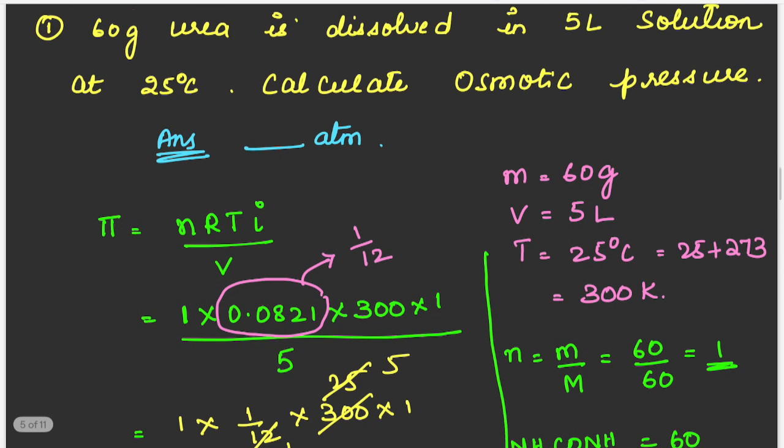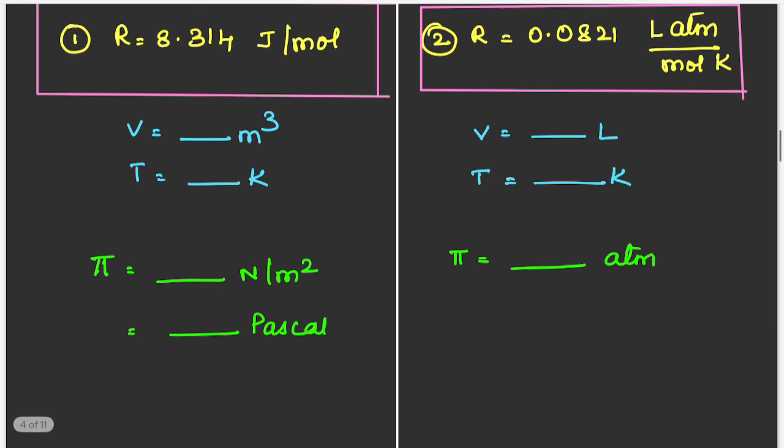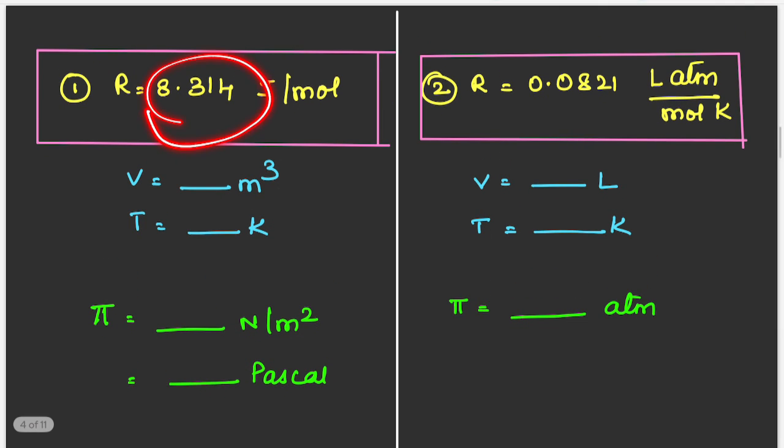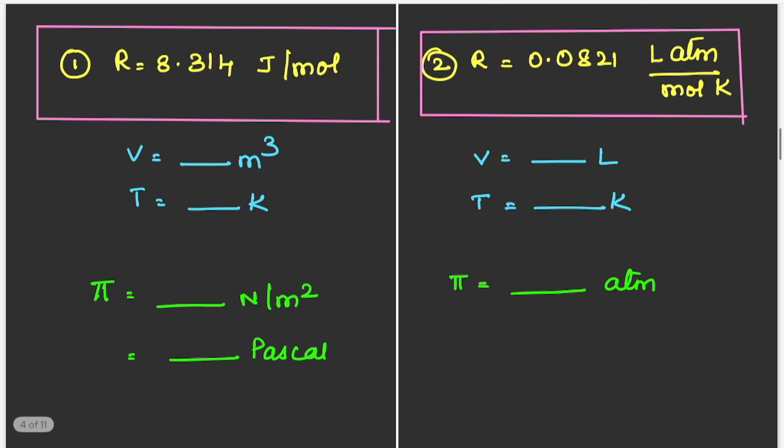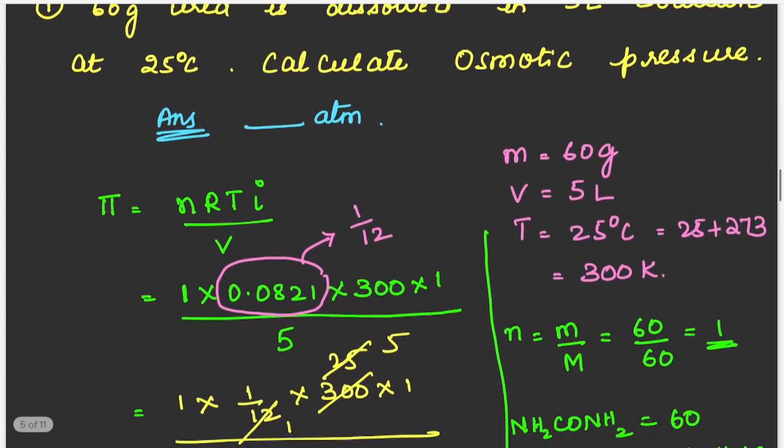Students, I have also told you which R value you have to use. See the answer. If it is given in atmosphere, then use this R value. If it is given in Newton per meter square or Pascal, then you have to use the R value as 8.314. And also, volume you have to convert into liters.